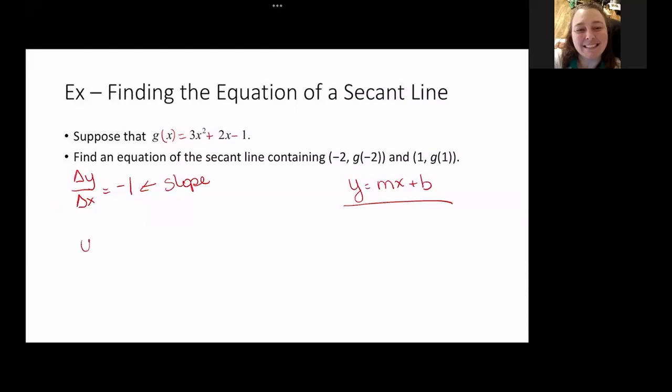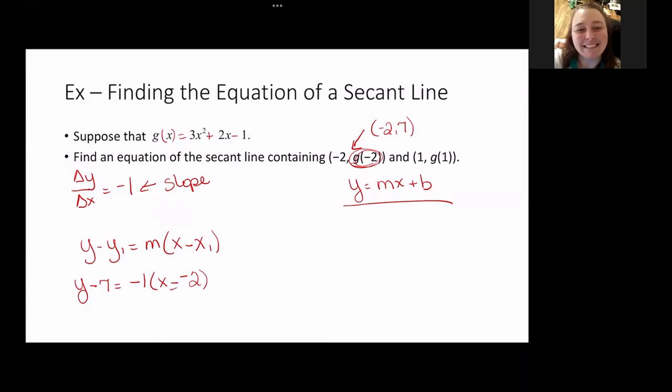We can say y minus y1 equals m times x minus x1, okay? So here we'll pick this first one. It's fine because the answer is going to be, this is actually negative 2 and 7. We figured out this portion in the previous slide. So let's say y minus 7 equals negative 1 times x minus negative 2.